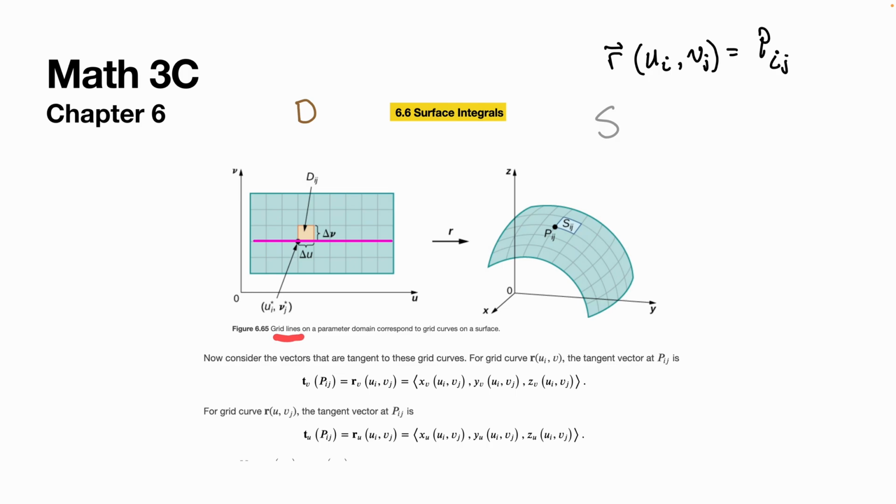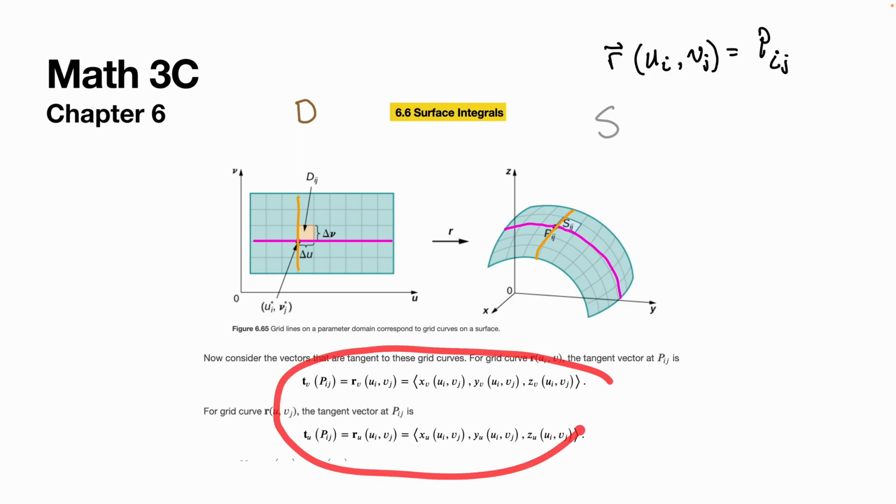It says that the grid line turns into a grid curve. So let's draw that on the other side, something like that. And then do one more. Let's take this grid line and turn that into this grid curve. Very good. Now let's look down here.